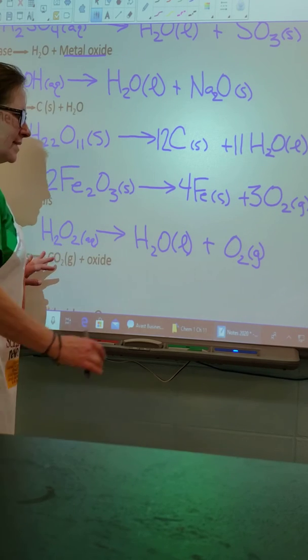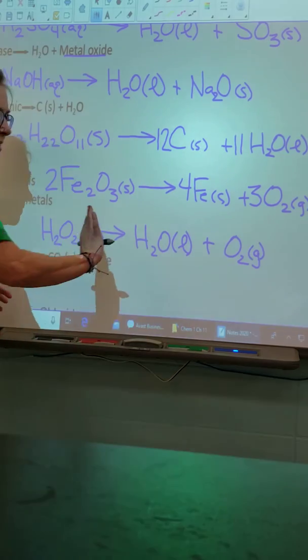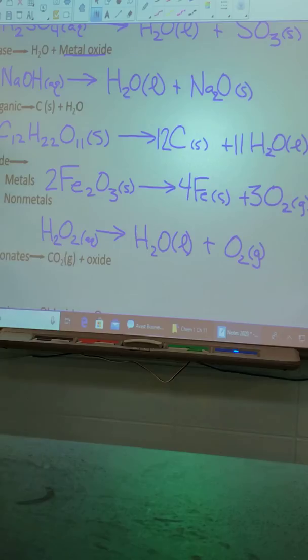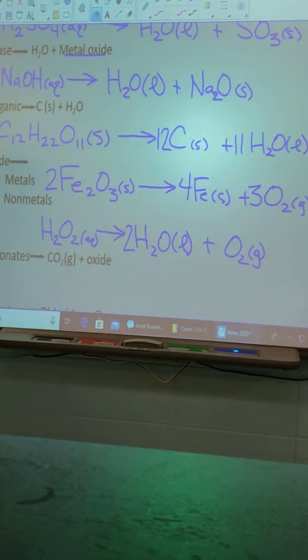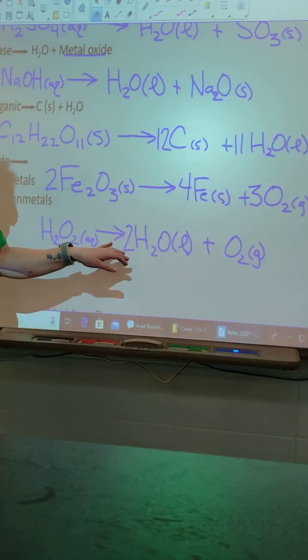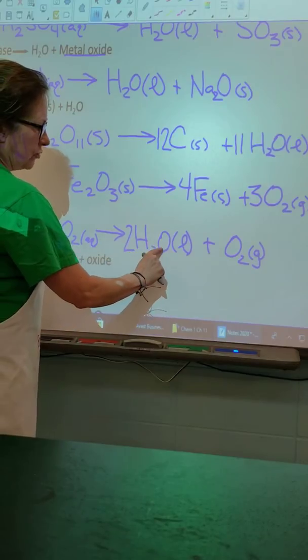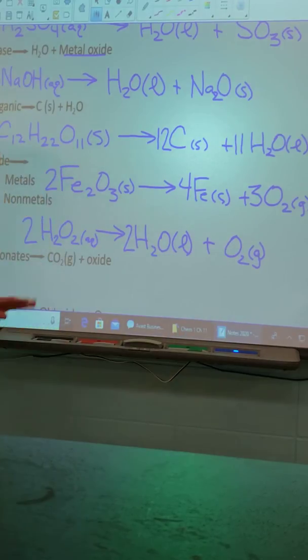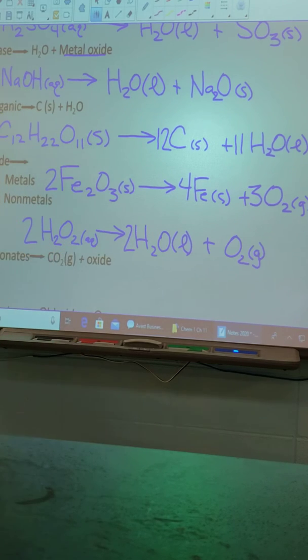So once again, I can see that I've got 2 oxygens and 1, so I've got 3 oxygens, an odd number on the product side, an even number here. So I've got to put a 2 there to make my oxygens even. That gives me 4. Well, then I put a 2 here. So now I have 2 times 2, 4 oxygens, 2 oxygens there, 2 oxygens there, 4 oxygens, 4 hydrogens, I'm balanced.